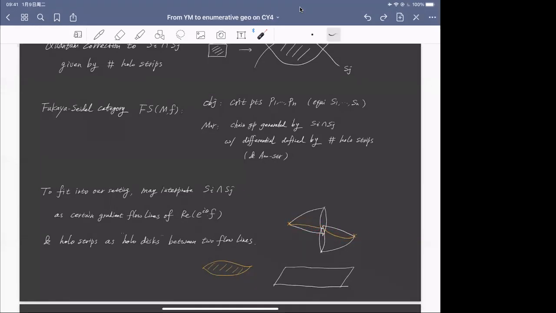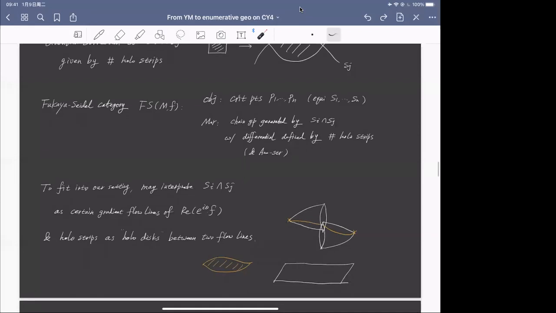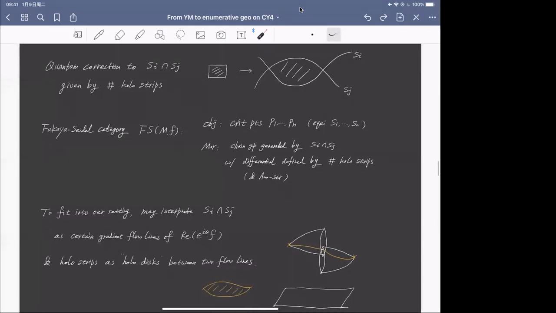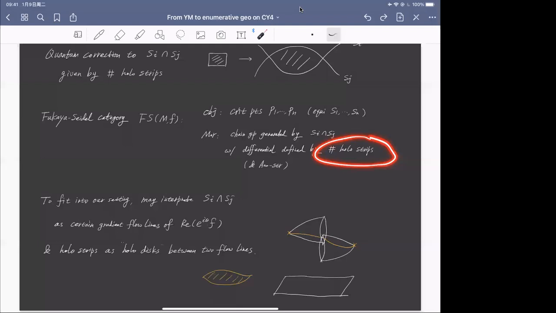So we replace the Lagrangian intersection point by broken flow lines linking these critical points, which certainly makes sense now. And moreover, the holomorphic strip information becomes some holomorphic disk between these two flow lines. So we are counting holomorphic disks to replace the holomorphic strip information.